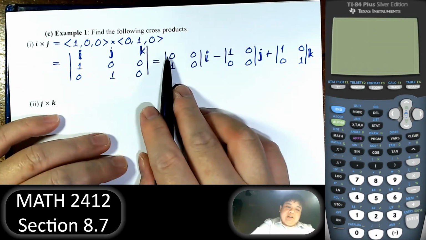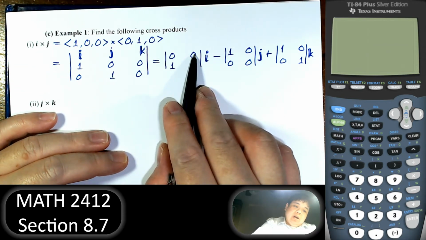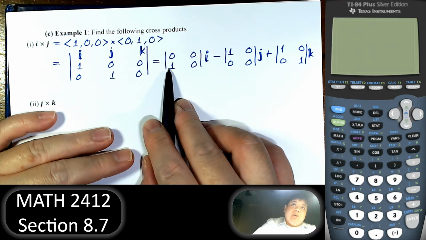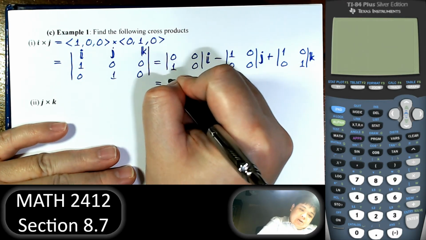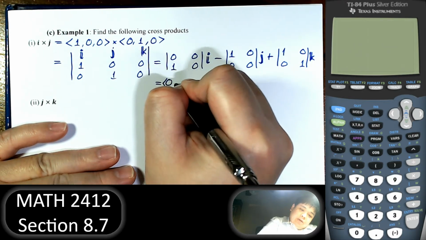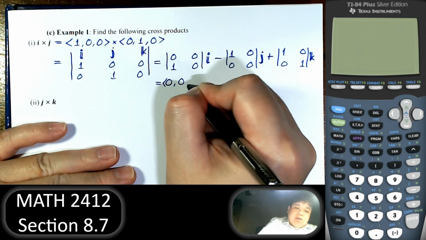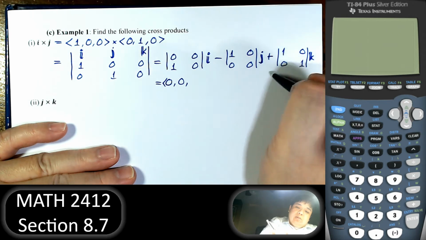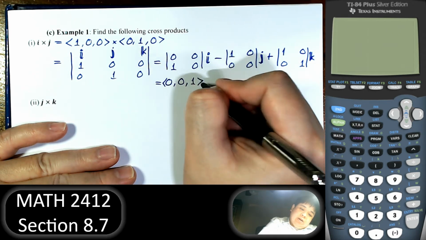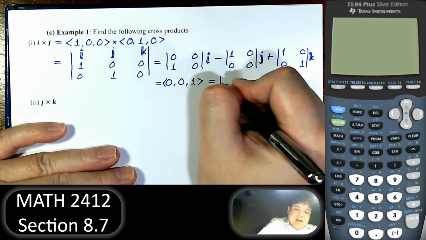So what we have is 0 subtract 0, so we have 0 for the first component, and 1 times 0 is 0, subtract 0, so 0 for the second component, 1 subtract 0, and this of course is equal to k.